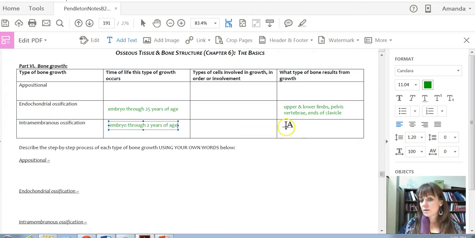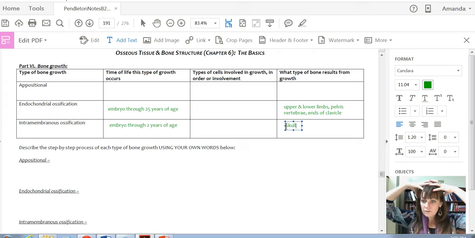One of the big places we know about it is the skull. The skull bones form by that, and so they haven't completely fused together until 2 years of age. And so we'll talk about this more in the axial skeleton lectures, but the baby soft spot, it's because that ossification hasn't completed.